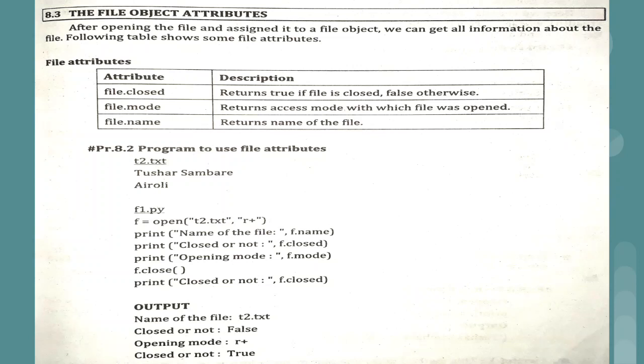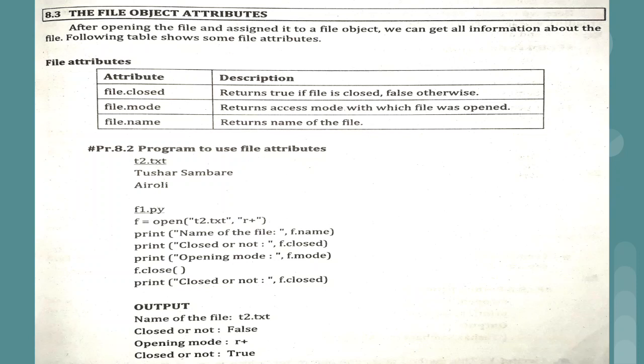Then in the first print statement we have printed f.name. The name attribute is used to display the name of the file which we have opened, so f.name will display t2.txt, because we have just opened this file. Next we have f.closed, which will return false, because we have not applied the close method on the file; we have not yet closed it.